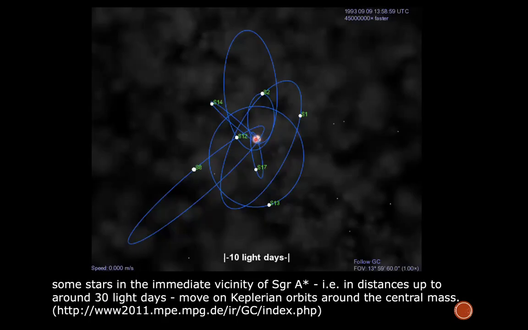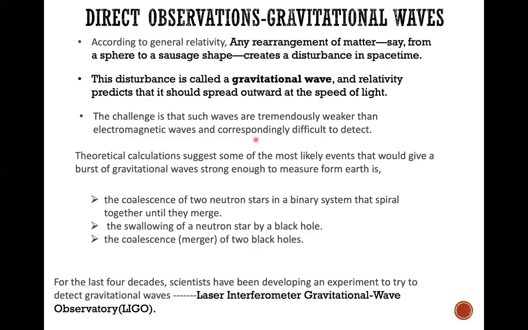All these things are indirect observations, which means you are not observing a direct effect from the black hole. This is what you had until 2016, which is probably 5 years ago now.